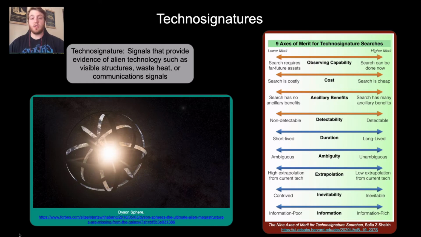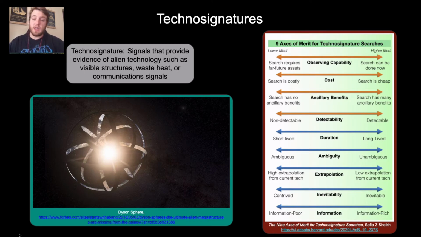So this could include actual structures that we can see on a planet, waste heat from some energy processing technology, or even communication signals. Those communication signals may be directed toward us, or they may just be within the planetary system. So there's a possibility that we may be able to detect them, but we'll talk more about the difficulties in just a few moments.